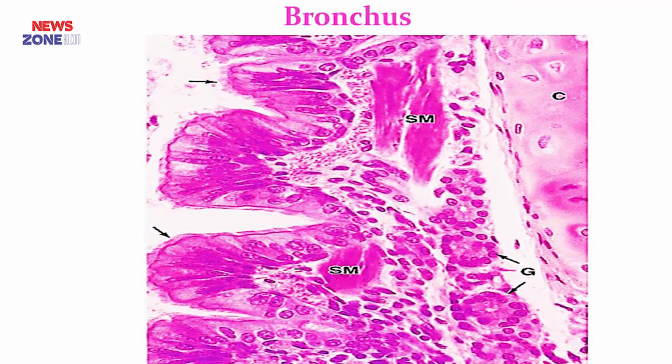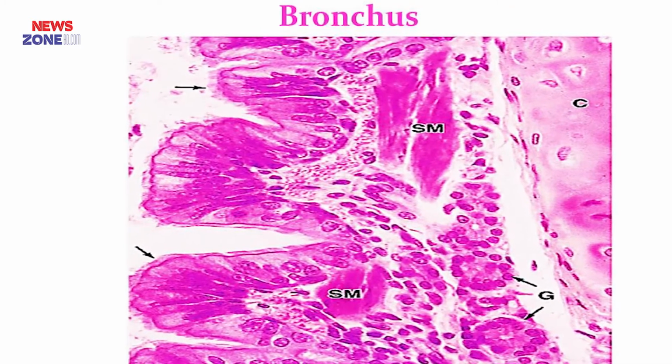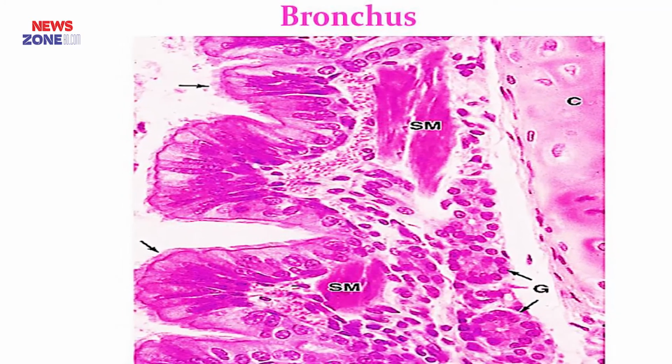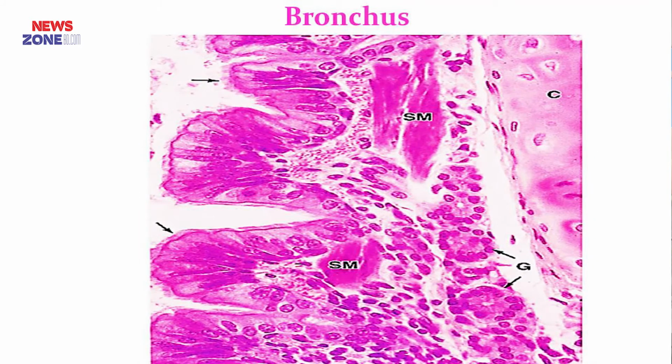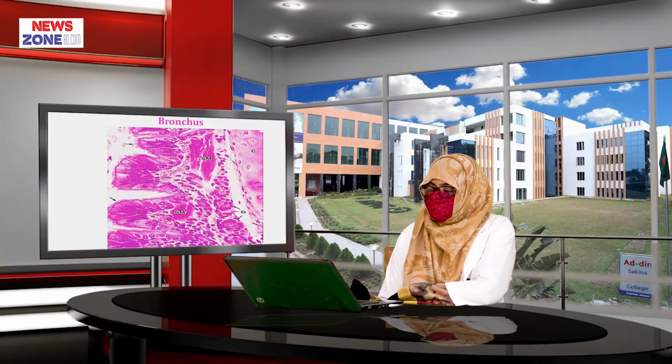The lamina propria contains a distinct layer of smooth muscle surrounding the entire bronchus. The submucosa is the site of the supporting cartilage. The adventitia contains blood vessels and nerves.